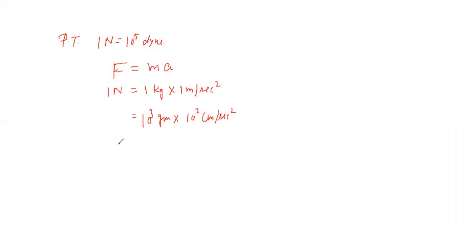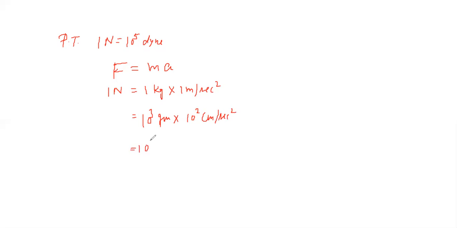We know that 1 Newton is the value of force for 1 kg mass. So F equals 1 Newton when 1 kg produces 1 meter per second square acceleration. If we change kg into gram, that means 10 cube gram, and meter into centimeter, so 10 square centimeter per second square.